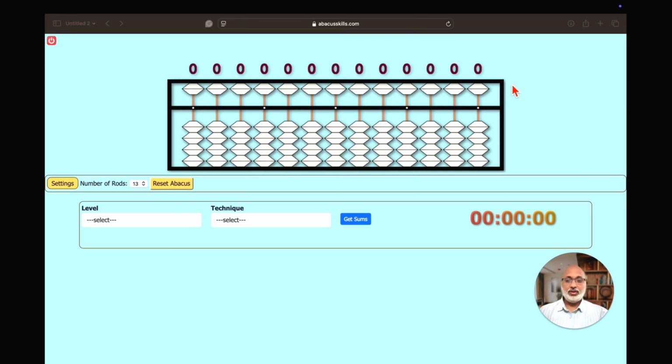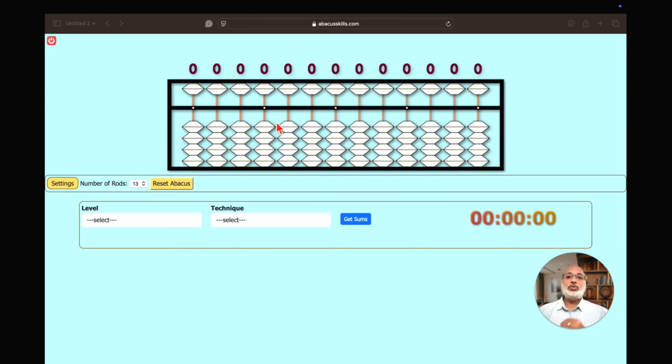Okay, understood. Now you are seeing a line which is crossing both heaven and earth beads. This line we call the answering bar. Now you are also observing some white dots on this abacus. These dots we call unit dots.